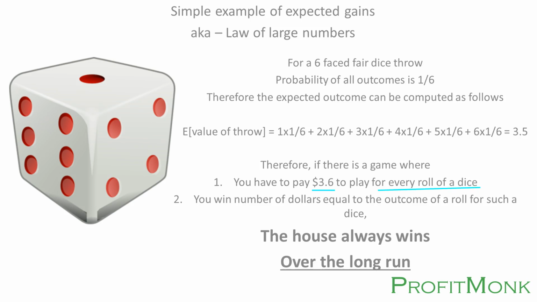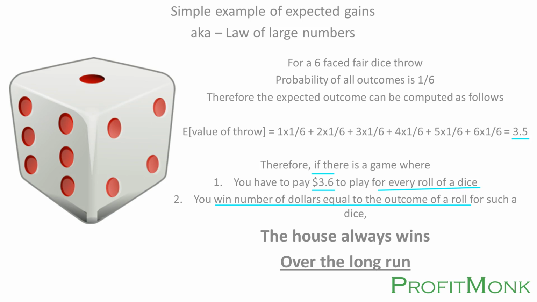And you know that for a game where your winnings equal the outcome of a dice roll, on average over a large number of games, the expected value of a dice throw is just 3.5. So if you are charging 3.6, then the house always wins over the long run.